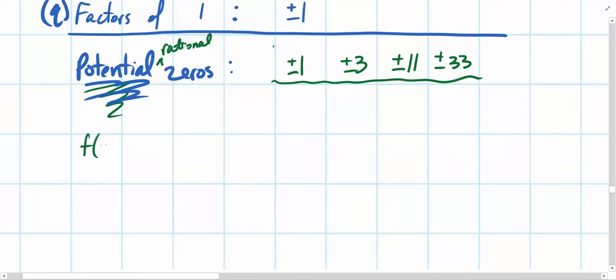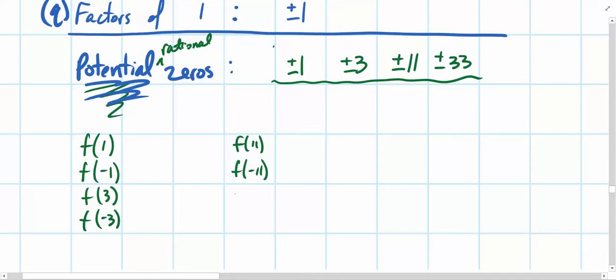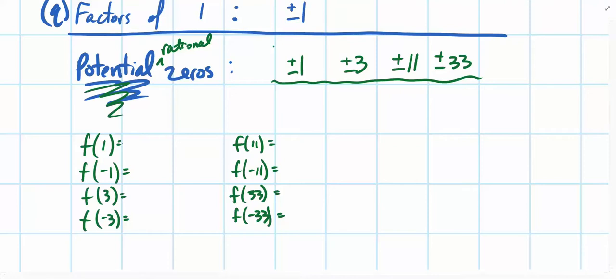So if I evaluate the polynomial at 1, -1, 3, -3, 11, -11, 33, and -33, then I should find any of these rational results that equal 0. And if they equal 0, then that's an indicator that we have a root at that position.